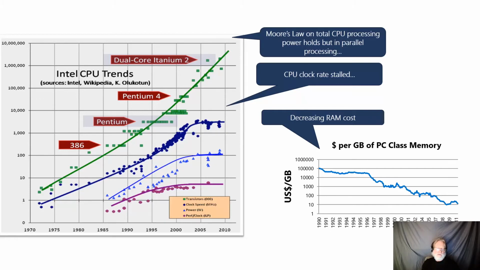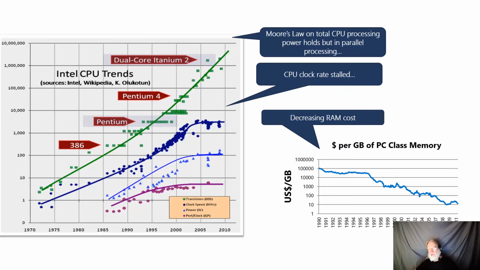The clock rate has somewhat stalled, and that has to do with the physics of the length of the conductors in there. You get them too short, you start broadcasting data rather than working on it within the CPU. It just radiates the energy out and becomes a heatsink. So that stalled, power's stalled. The perf per clock cycle within a core has also not increased as much as it used to.